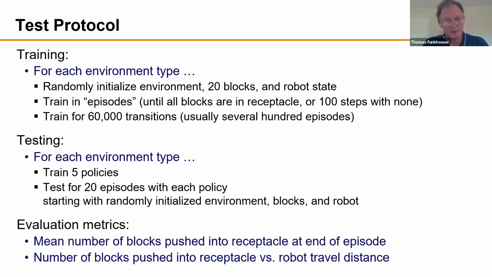We average across the 20 episodes for each policy and then across the policies. And again, each of those is initialized randomly. And then our evaluation metrics are to count how many blocks were pushed into the receptacle for each episode. And then we also look at that as a function of travel distance to measure something about sample efficiency.